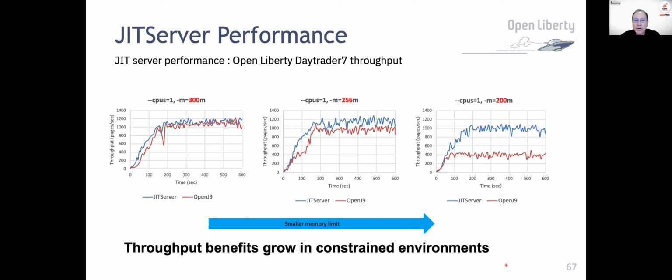So with a JIT server, you no longer have to size your containers to handle the worst case scenario. So spikes in memory consumption and throughput are minimized, so you can size your container more appropriately. So in the world of containers, one of the main reasons for containers to crash is out of memory errors. So the JIT server definitely helps with all of this.